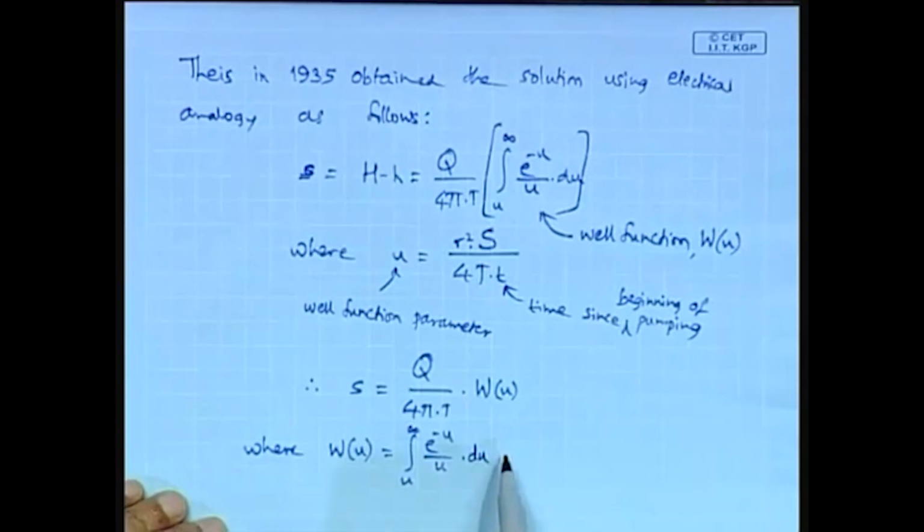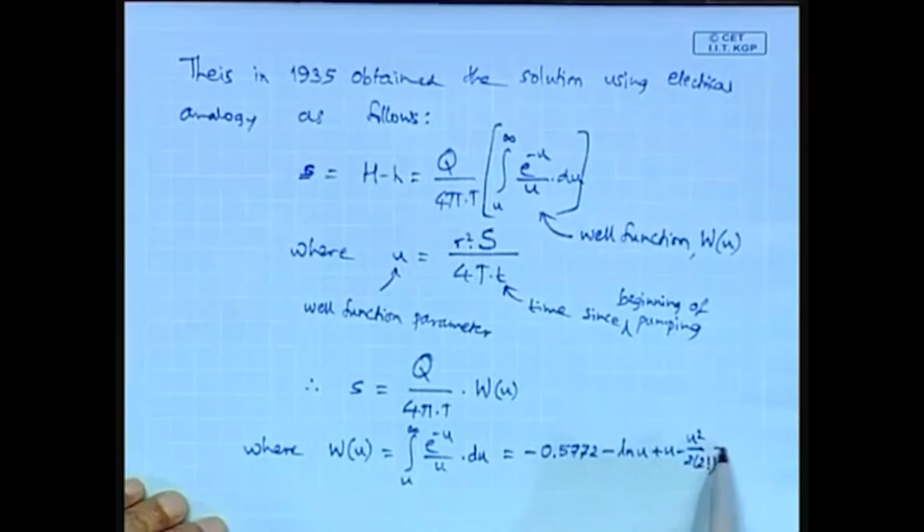So, this has been evaluated as minus 0.5772 minus natural log of u plus u minus u square divided by 2 into 2 factorial plus u cube divided by 3 into 3 factorial minus, and so on. So, this is the expansion of this integral.